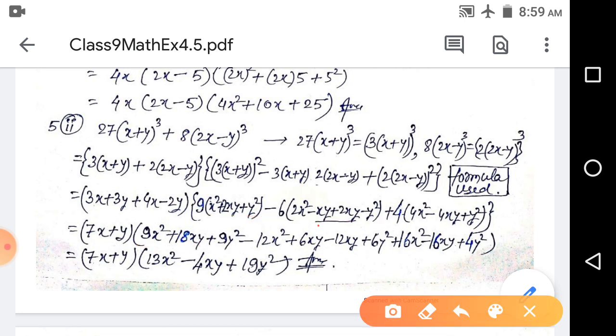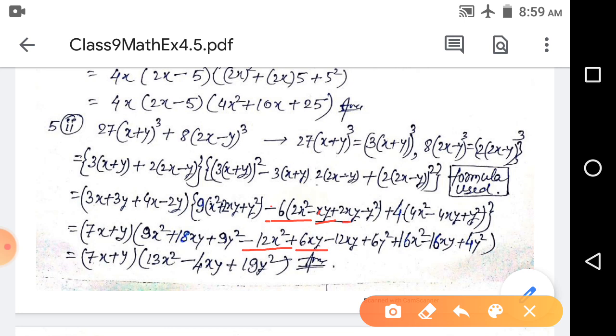This is only because if we subtract those and then multiply it will be easier, but it doesn't matter. See how this is multiplied. This 6 is multiplied with 2x², so it becomes 12x² with a minus sign. The 6 is minus and this xy is minus, so this one becomes plus 6xy.